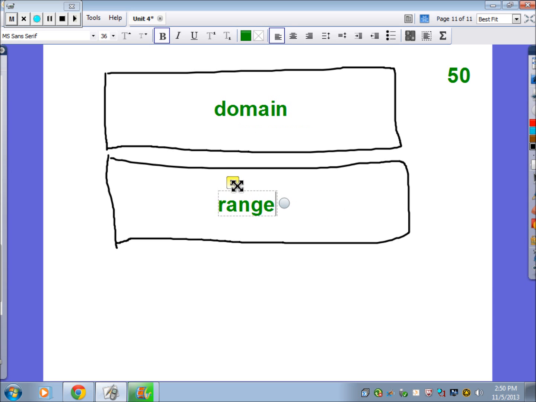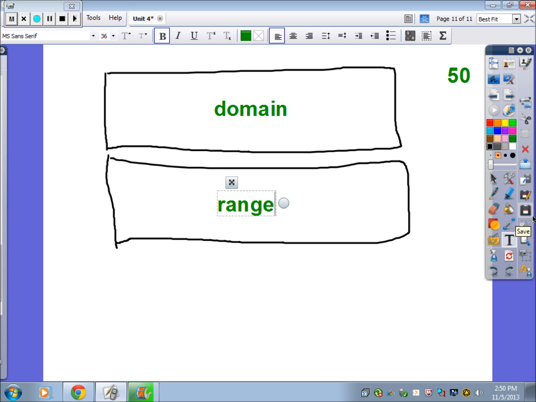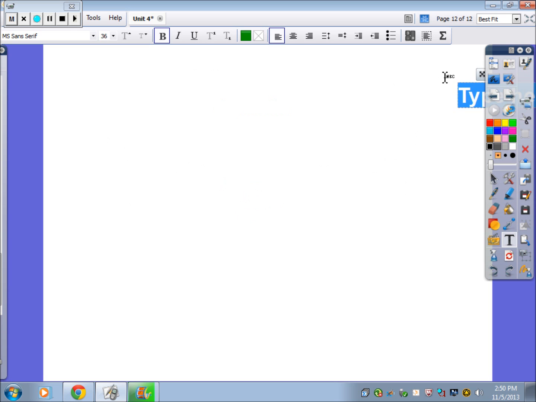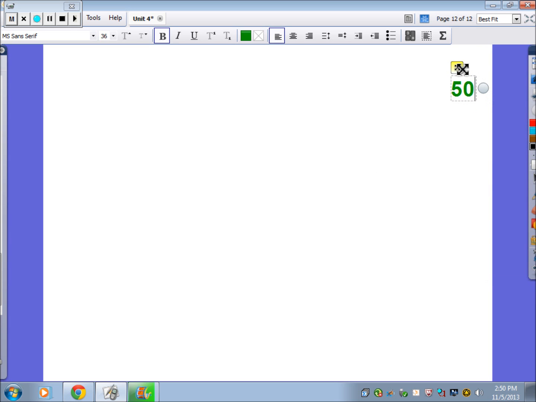So now below it, we are going to put our examples. So we're going to stay on page 50, guys. And just below where you wrote those two, we're going to write an example. And our example is going to look like this.